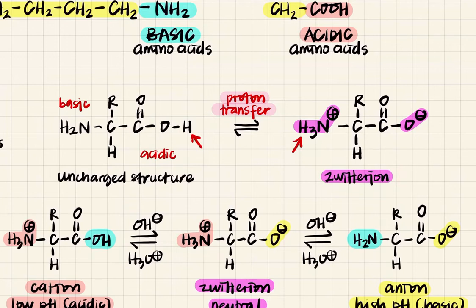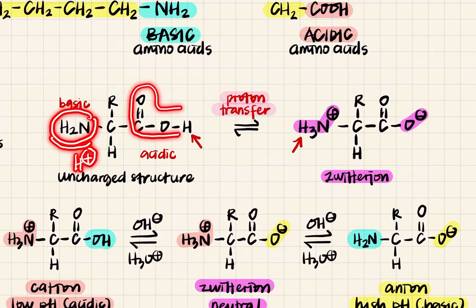So your amino acid here will have a proton transfer, where your basic amino group will accept a proton, H+, from your carboxyl group. Your carboxyl group is the acidic part of your amino acid.